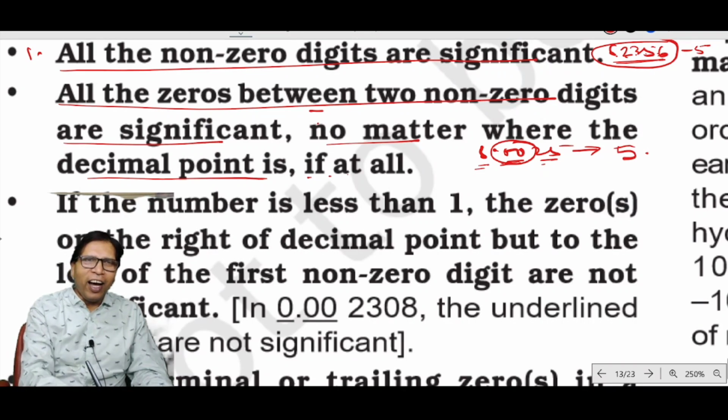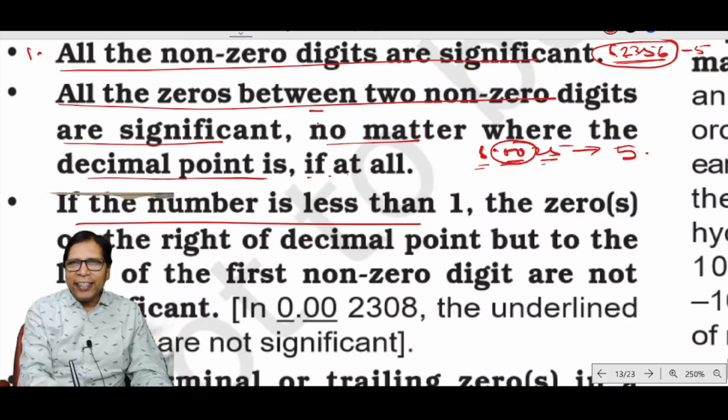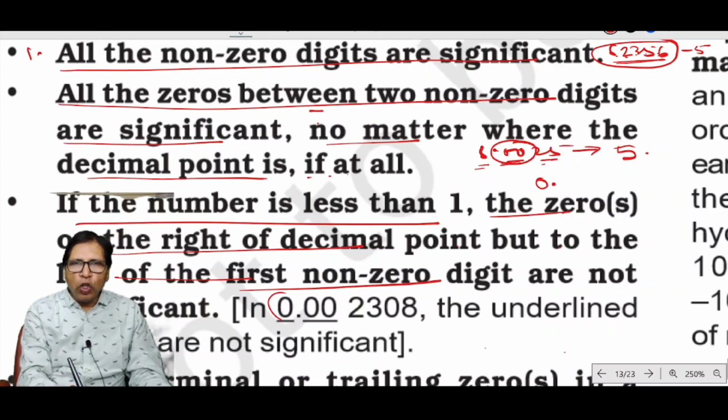Now, if the number is less than 1, that is, a decimal number having a decimal point, the zeros on the right of the decimal point but to the left of the non-zero digits are not significant. Look at this: 0.002308.